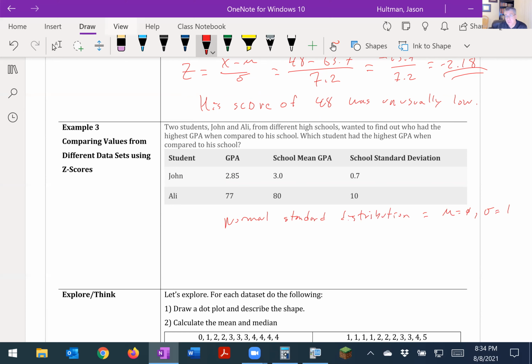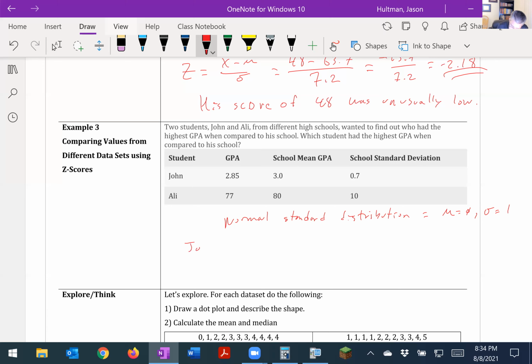And that's what we want to do here. We want to standardize this, and find out how these two GPAs compare to their individual populations.